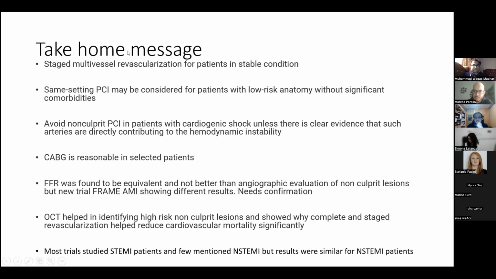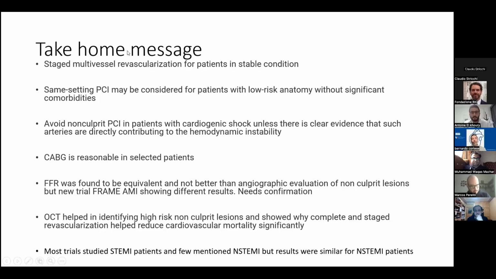So in these cases, usually we do a gentle balloon dilatation in case of very low thrombus burden, or we go with the thrombus aspiration, also according to proximal and mildly placed lesions, because in the distal part it could be a little bit tricky to deliver the thrombus aspiration catheter.